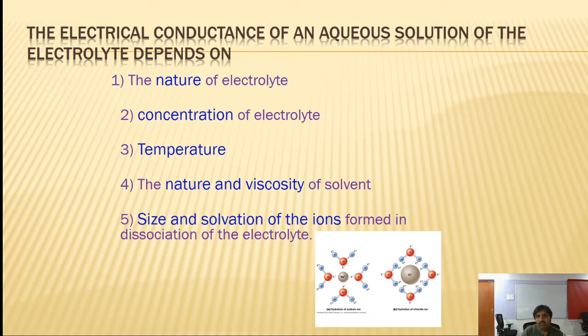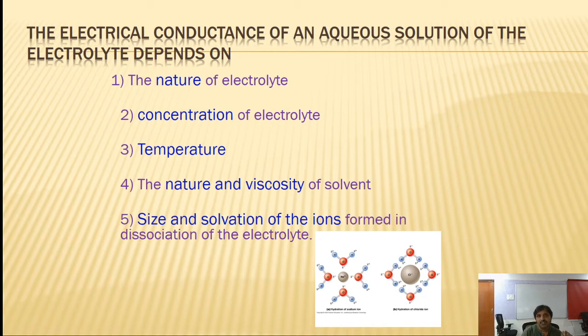If suppose we add non-polar covalent molecules, CCl4 or any other molecules, in the solvent, then such substances are unable to dissociate into the respective ions, so they don't conduct electricity.